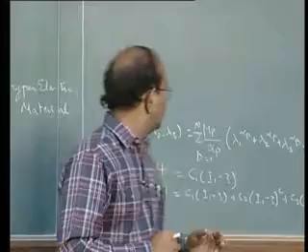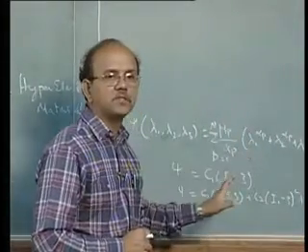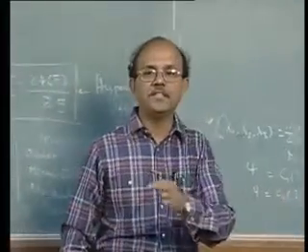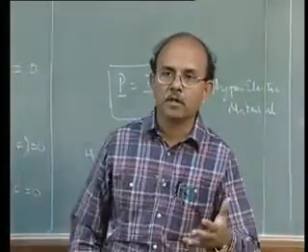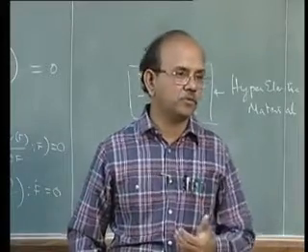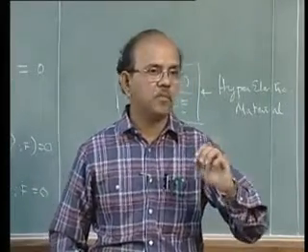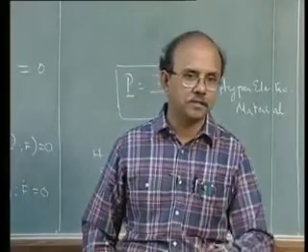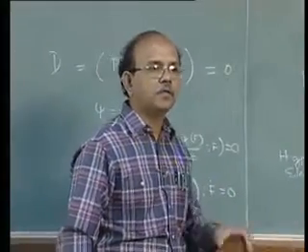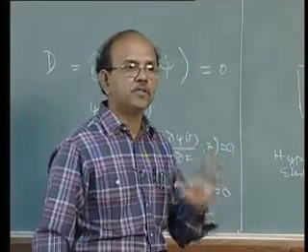For example, it's very clear that C1 is some constant, alpha p is some constant, C2 is some constant, and so on. So how do you get these constants? What are they? They are obtained more from a phenomenological approach, and right now we do not link this up with the microscopic aspect. We will come to that later. So the approach which we are dealing with is what is called the macroscopic or phenomenological approach.